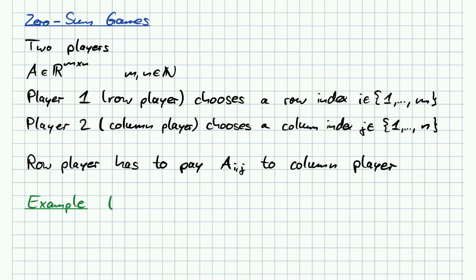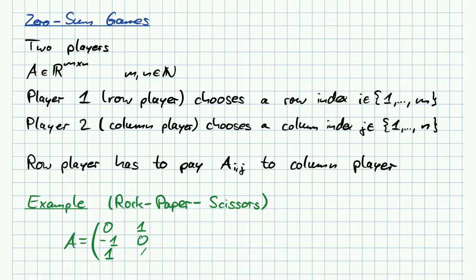What could this look like? Let's talk about an example that I guess all of you have seen before, namely rock, paper, scissors. This you could represent by the following matrix. Both players have three strategies, namely rock, paper, and scissors.